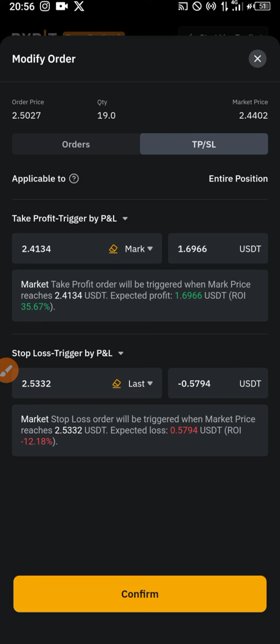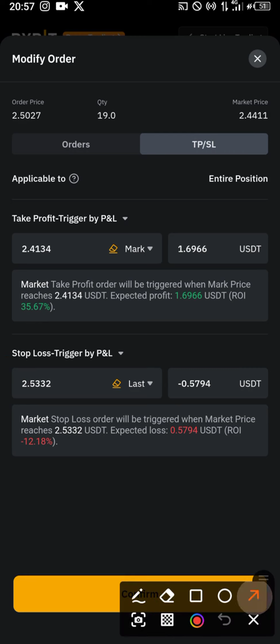So my expected profit now is what? 1.6 USDT, and my expected loss is 0.5794. You understand? The reason why my profit is so small is because I'm controlling a smaller position. I'm just buying small USDT. You understand?